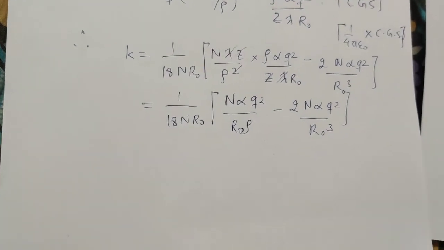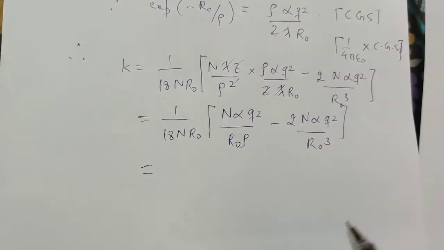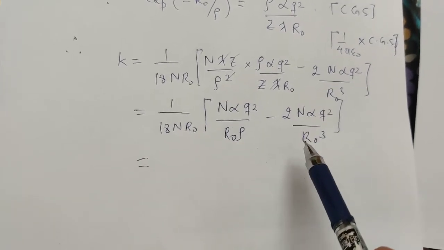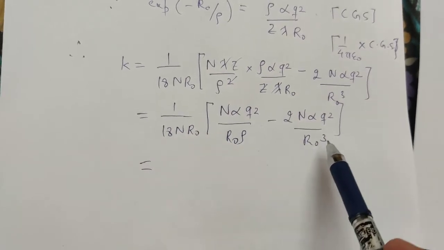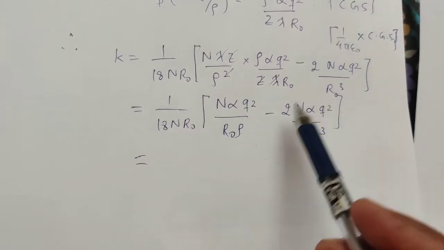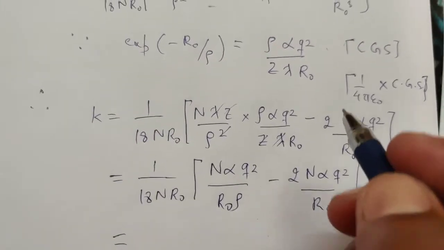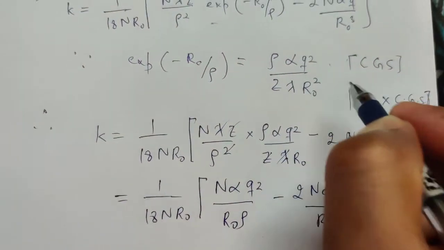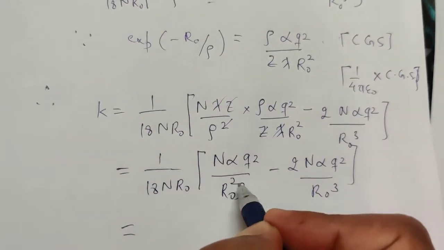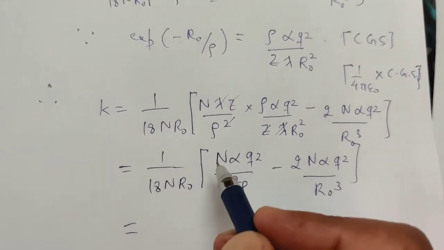If you want to solve this further, you will take this as common. Here there is one mistake, this is r naught square. In order to make this cube, because I have to take it common, r naught will be multiplied here.